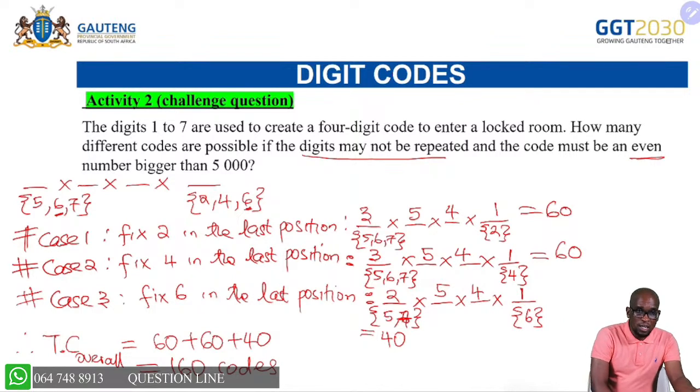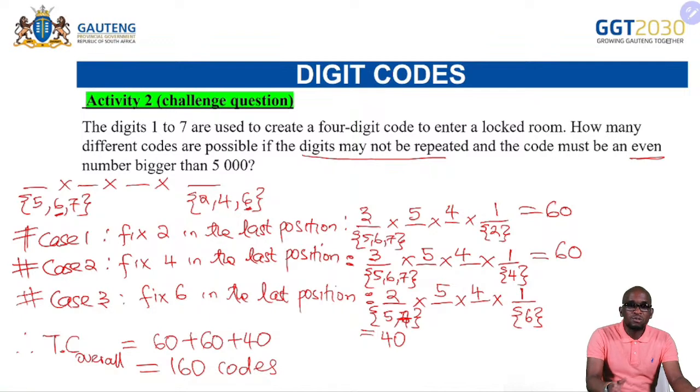There are so many methods. If you go to the marking guideline of this paper, November 2016, you'll see different methods being used. But this, I believe, should be the easiest method, because you just fix the numbers one by one. It becomes easier for you to work with those possibilities. Right, that's how you are supposed to solve this higher order question. I move on.